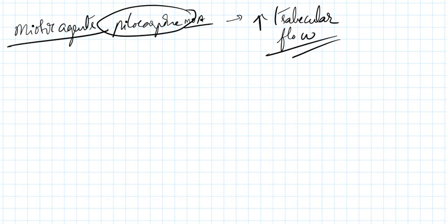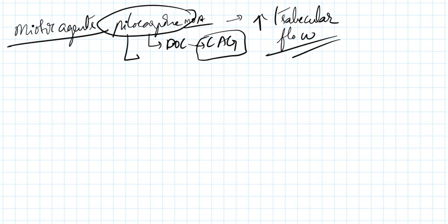So pilocarpine is the drug of choice in closed angle glaucoma. This is a very, very important MCQ. Now pilocarpine can also be used as third line in open angle glaucoma.